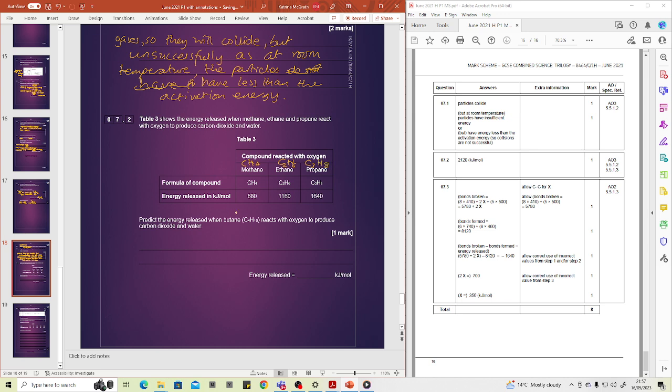We know that a homologous series increases by CH2 each time. So we're looking for a good steady increase, and we can take the difference between these and find it's the same each time, and indeed it is. So we can jump straight to the answer there, 2120.